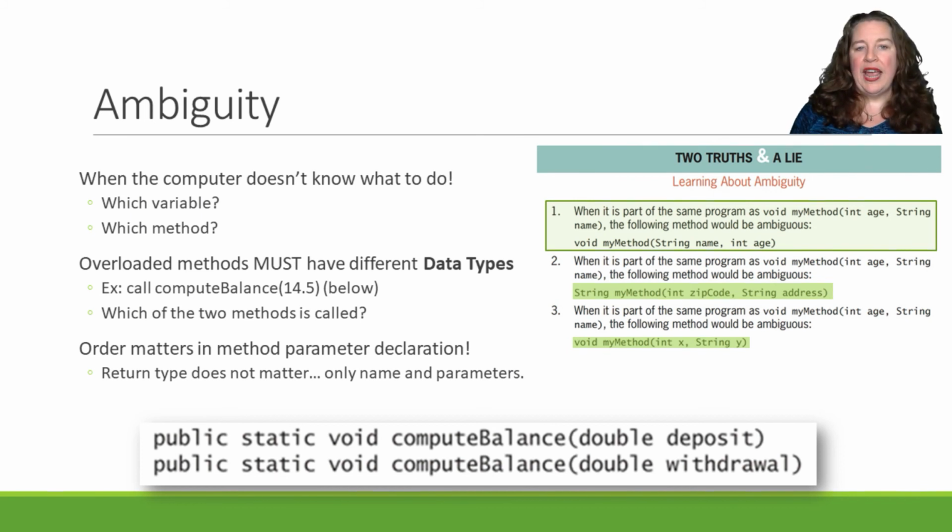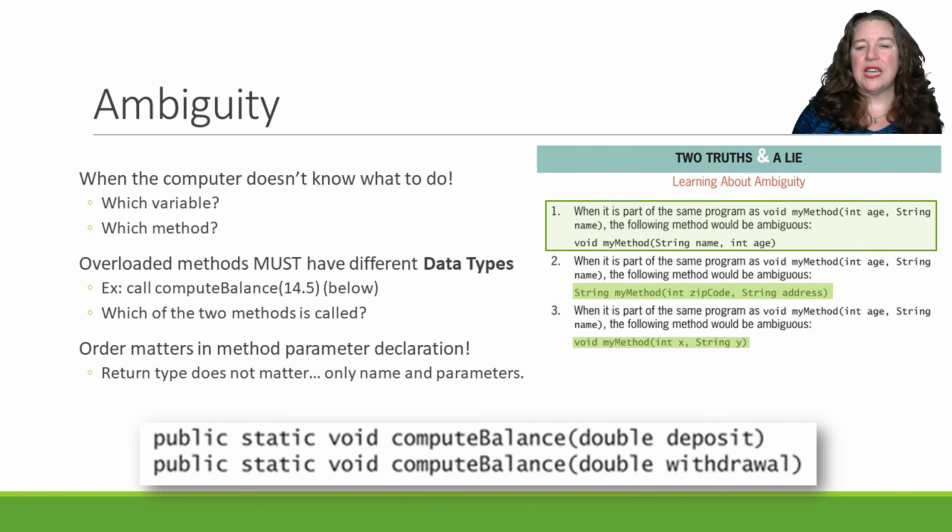The example that I have here is with a compute balance method. So the compute balance could pass in either a deposit or a withdrawal. However, both the deposit and the withdrawal are doubles. And there is no way for me to tell from compute balance 14.5 whether or not that's a deposit or a withdrawal. This is actually bad coding.